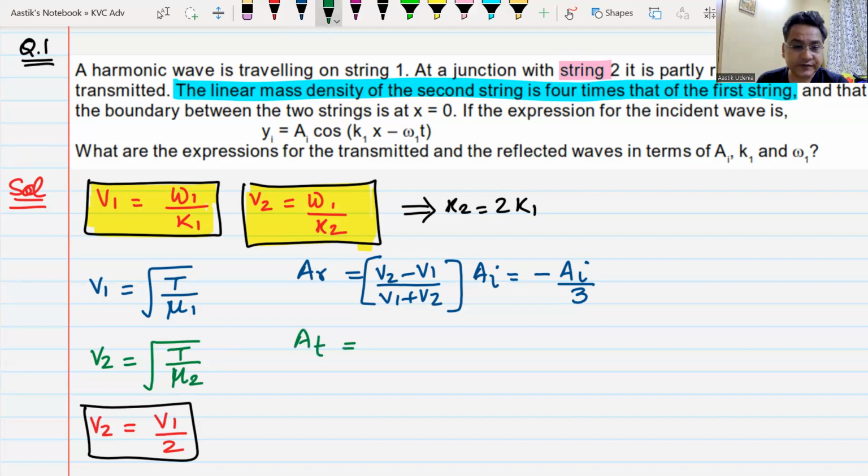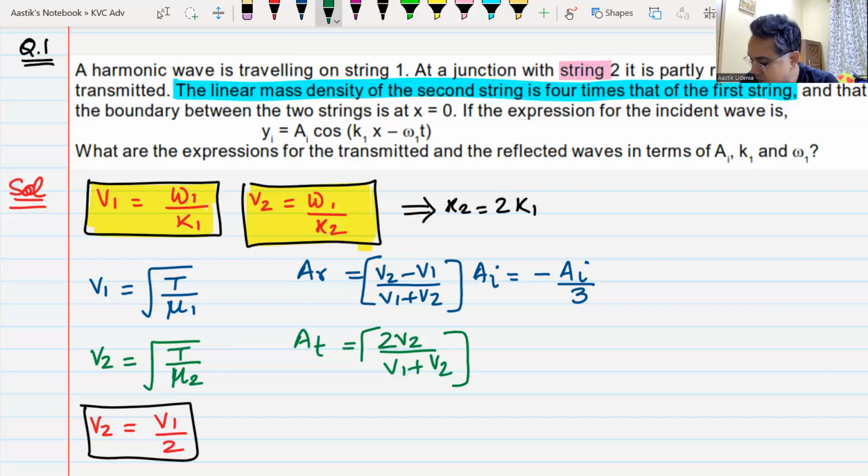Can you now tell me the amplitude of the transmitted wave? It is 2 times V2 divided by V1 plus V2 times AI. You can see it from here. One of the waves is AI by 3, so the other wave has to be.